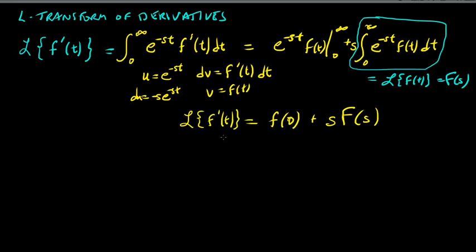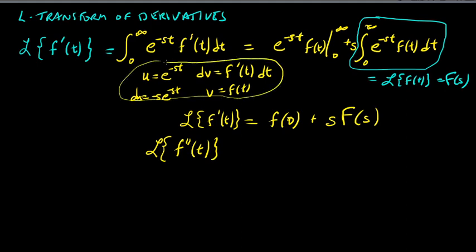Okay. And we can repeat this process if you take the Laplace transform of the second derivative. You can imagine you're going to have to use integration by parts twice. And here's what you get. You get s squared times F of s minus s times little f evaluated at 0 minus f prime of 0.